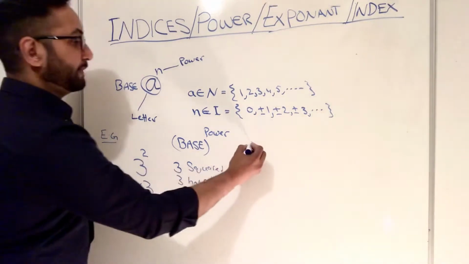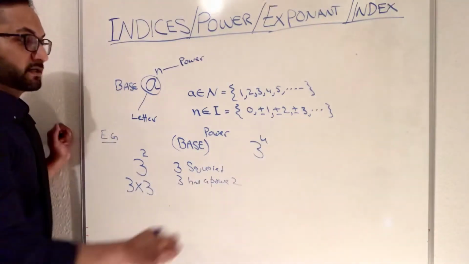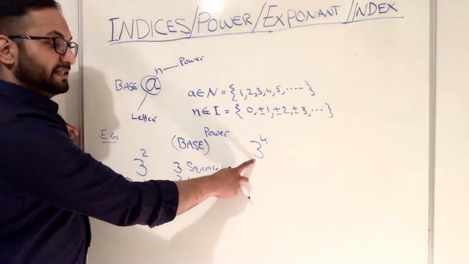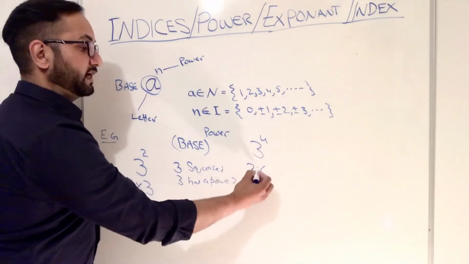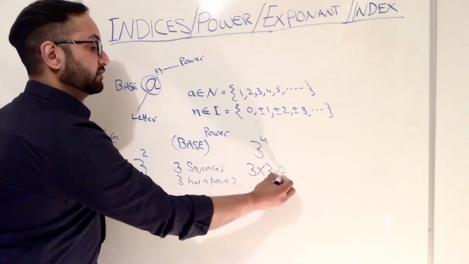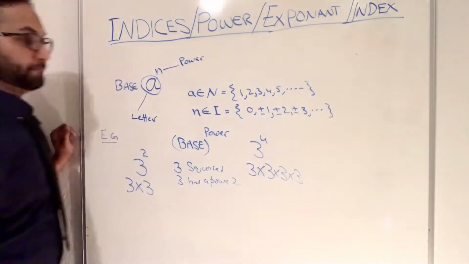If 3 has a power 4, what does it mean? It means 3 is multiplied by itself 4 times, so 3 times 3 times 3 times 3.